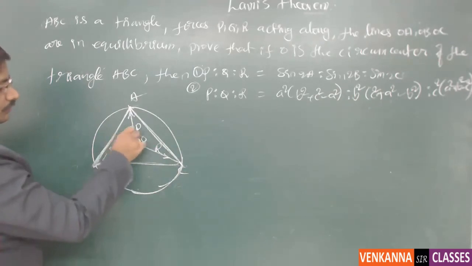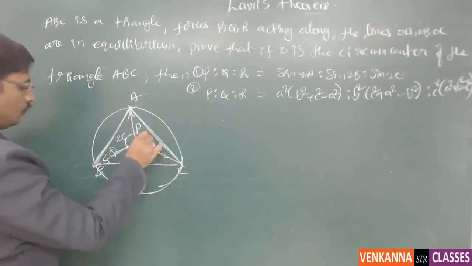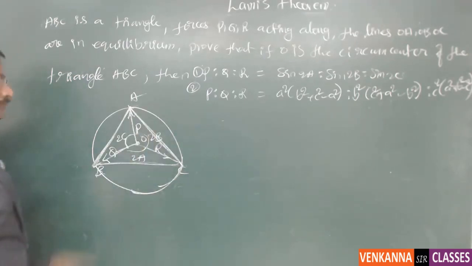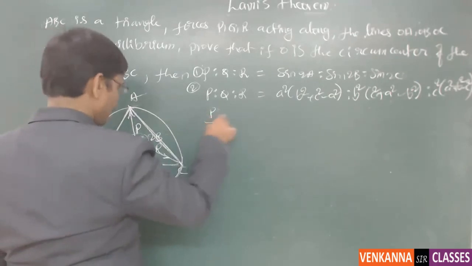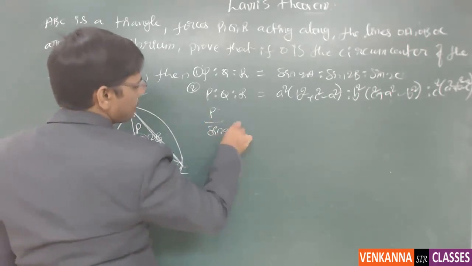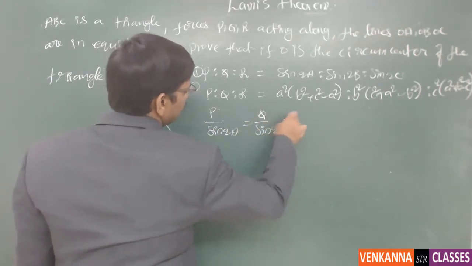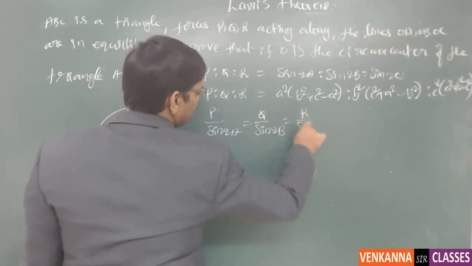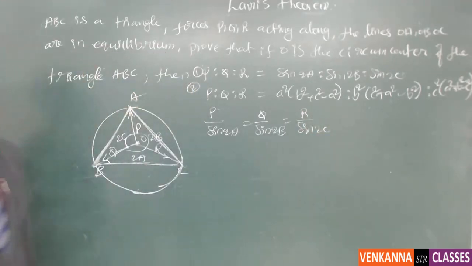So this is 2C, and this is 2A, and this is 2B. Now you can apply Lami's theorem on this. So that is P by sine 2A is equal to Q by sine 2B is equal to R by sine 2C.